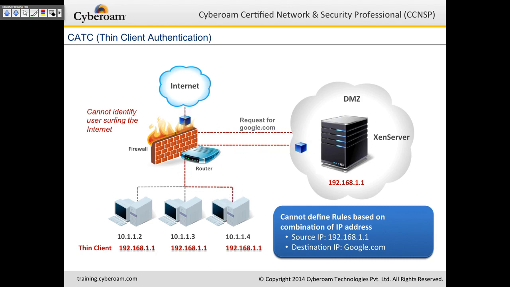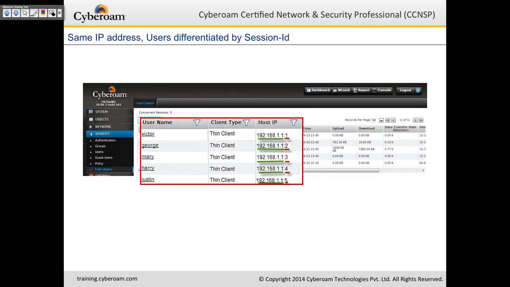So it cannot differentiate and cannot apply policies to different users. So what Cyberoam does is the users are differentiated by session ID. Whenever a session starts in, Cyberoam stamps that particular session with the session ID, and that's how it differentiates between various users like Victor, George, Mary. So all the sessions you can see are stamped with the session ID.